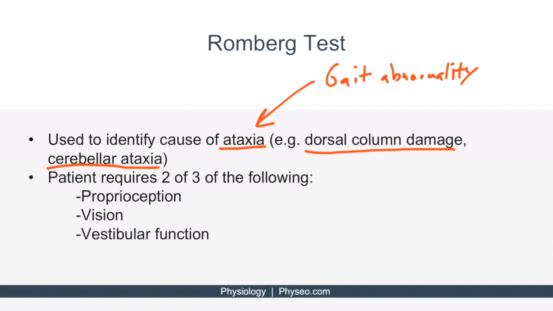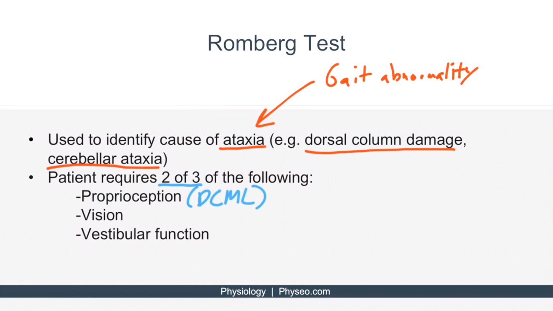So to understand the Romberg test, it's important to recognize that a patient requires 2 of the 3 following things in order to stand and have normal gait. They need proprioception. In other words, they need the dorsal column, medial lemniscus pathway fully intact. They need vision. They need to be able to see where they are.